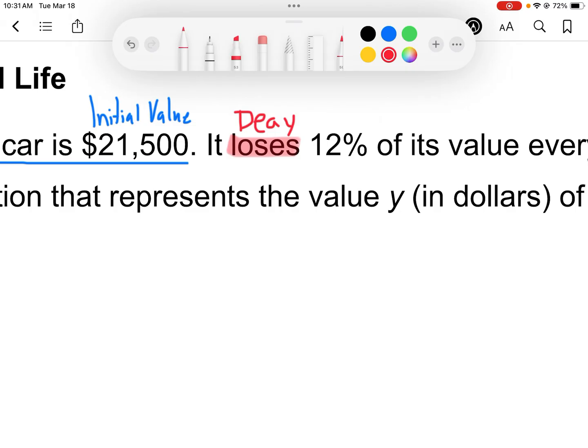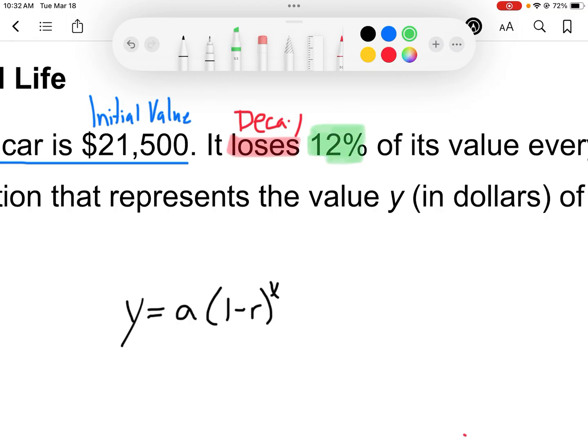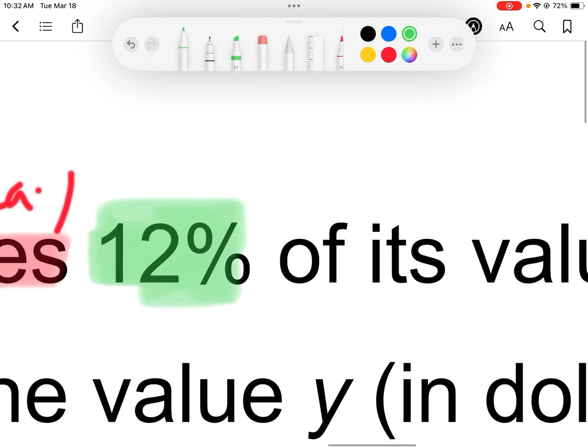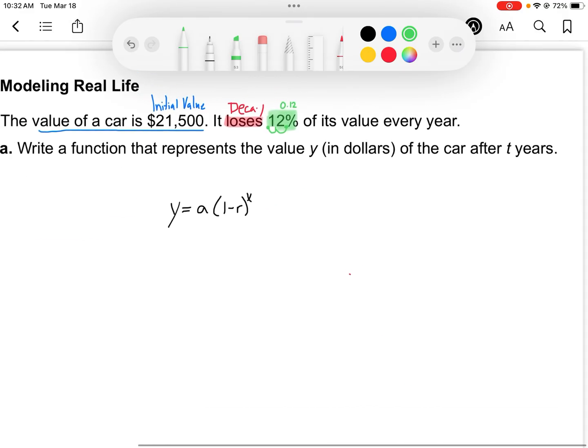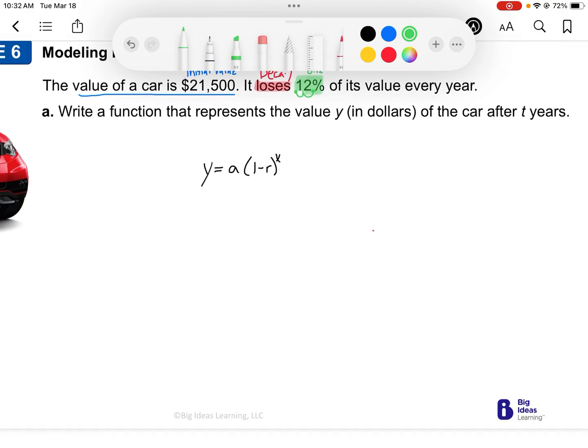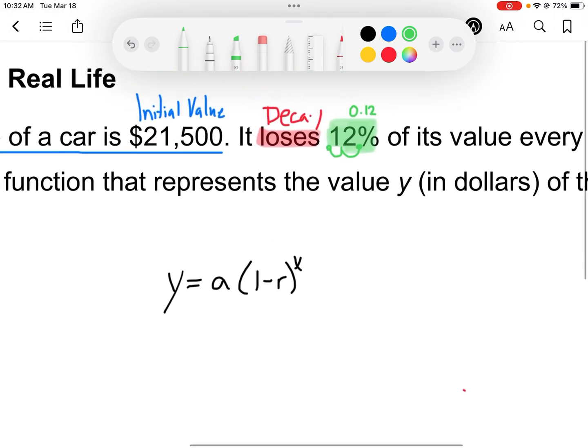So our decay model, I'm going to write down here right away because we identify that it's decay. We can't forget here, we need to change this. We're going to write it down right away. I need to change a percent to a decimal. And write a function that represents the value in dollars after t years or x, it doesn't really matter.